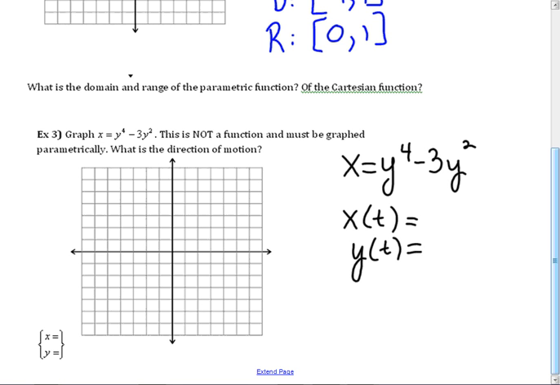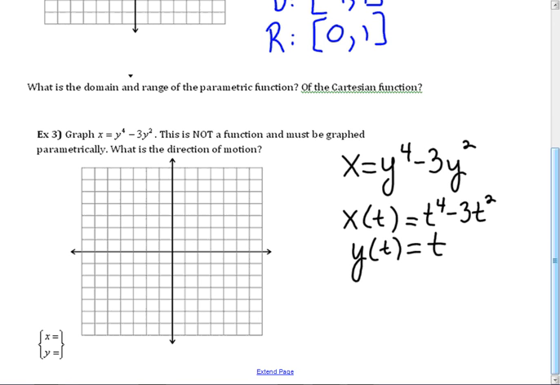If I let x be t, does that work? You can't do that. How about y is t? Then what's x going to be? t to the fourth minus 3t squared.